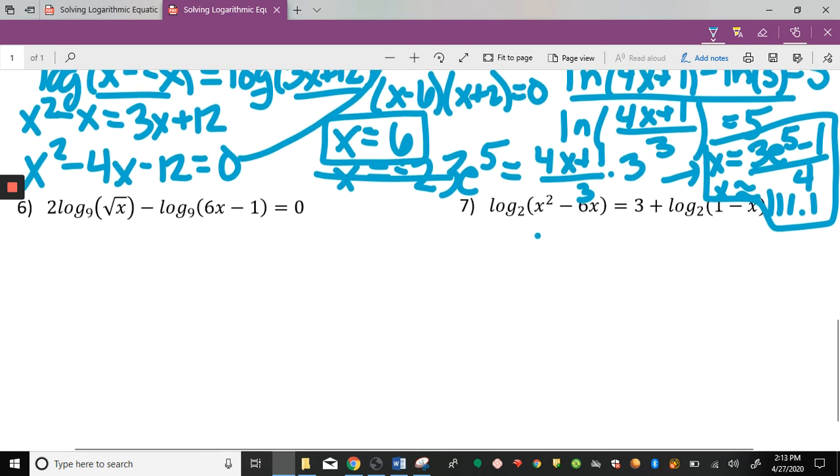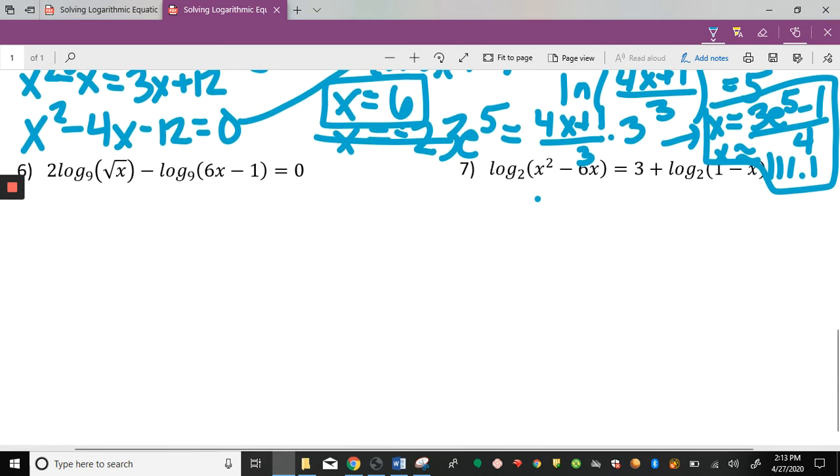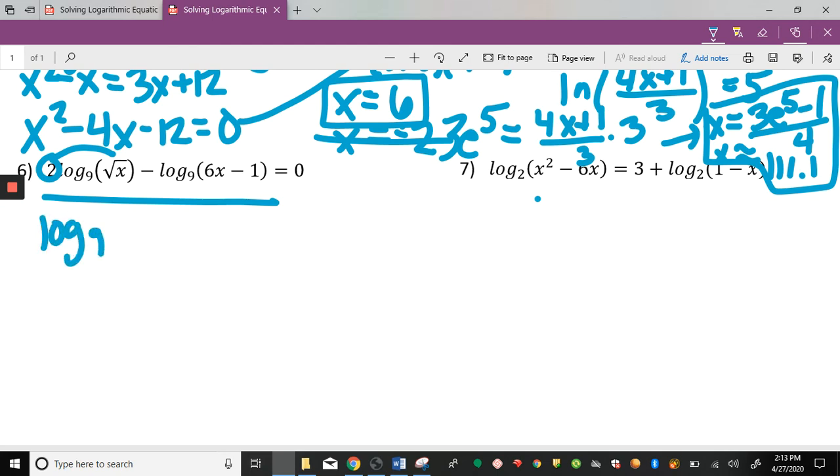All right, last two here. First thing I would do, before I go simplifying this side, is deal with this 2 out front, which this time we're not going to divide both sides by, because then this log base 9 of 6x minus 3 would be affected. So instead make it a power, which means I'm squaring that thing, which gives me log base 9 of x, right?